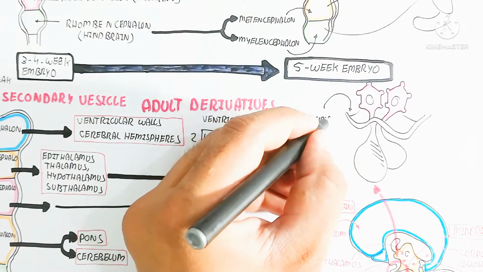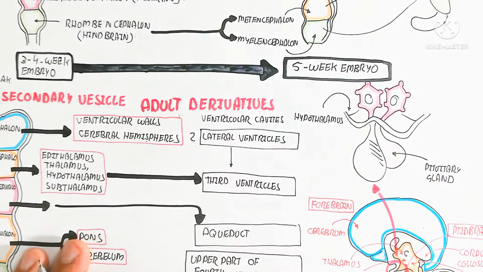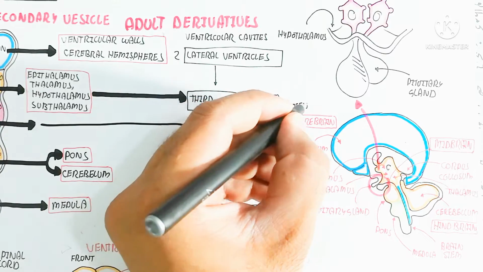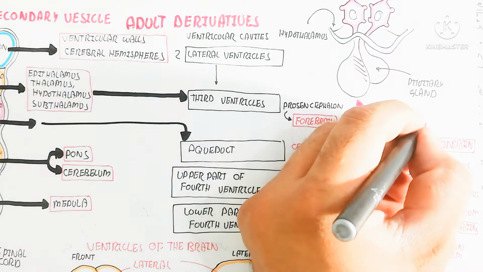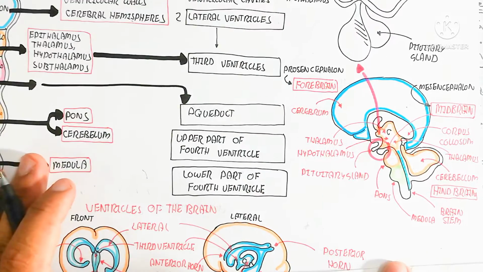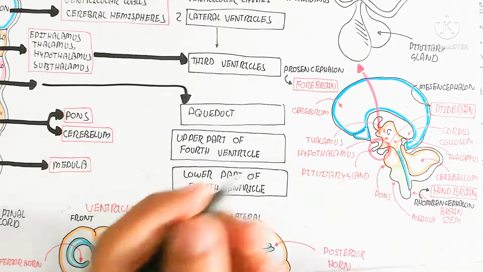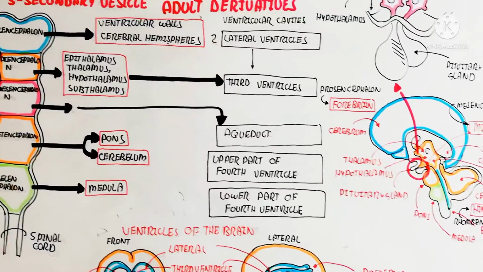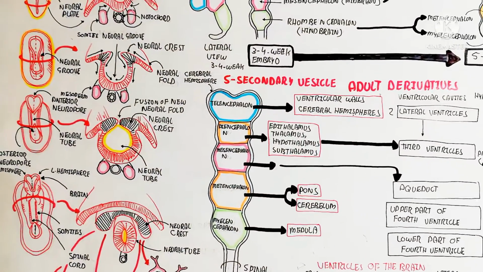Here you can see the hypothalamus and the pituitary gland. Here the corpus callosum will develop, and the limbic system, which contains the thalamus, hypothalamus, and pituitary gland. The mesencephalon will develop the midbrain, the rhombencephalon will develop the hindbrain, and the prosencephalon will develop the forebrain. That is the part of the brain you need to understand.